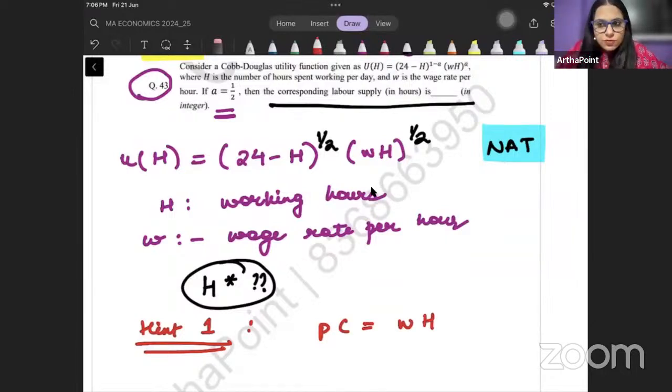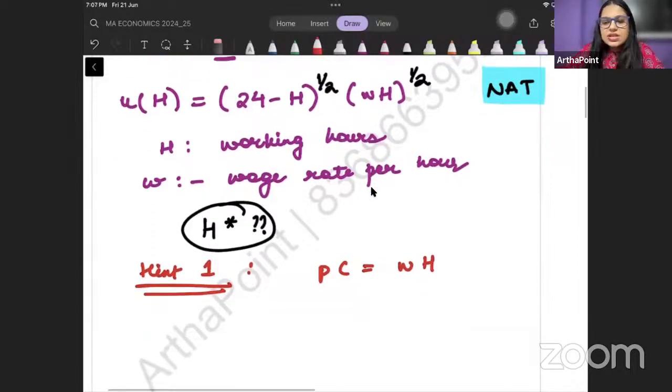I am just telling you various ways to solve this; you can do it in any way possible. So the budget line can be written as C is equal to WH, meaning the value of consumption is equal to the value of the income that I earn.